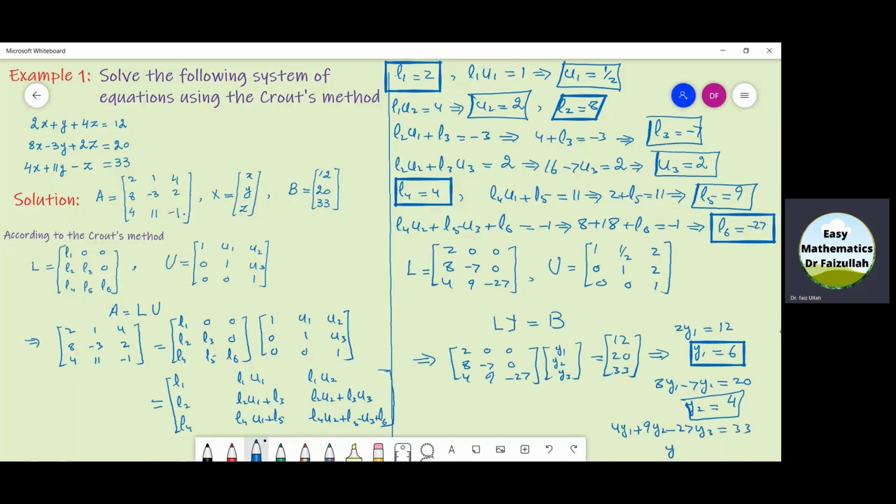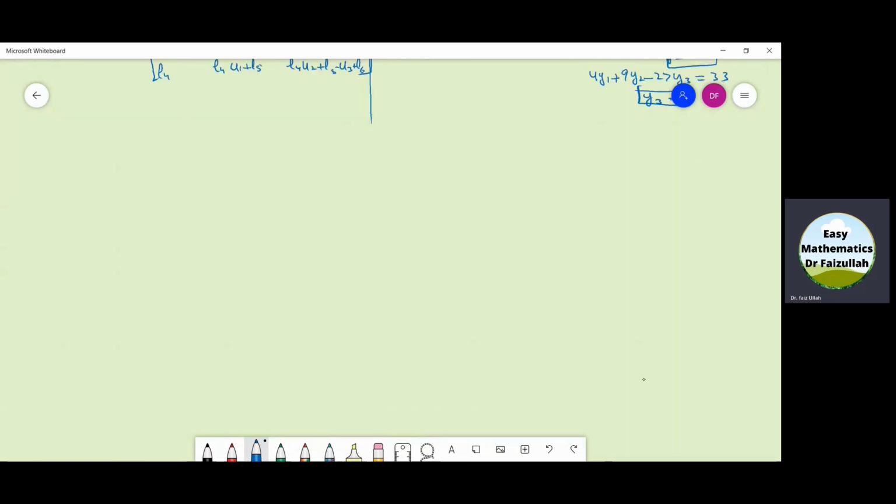Putting values and simplifying this, we can get the value of y3, which is equal to 1. So we have y is equal to 6, 4, 1. And now let us solve the last equation, which is Ux is equal to y.